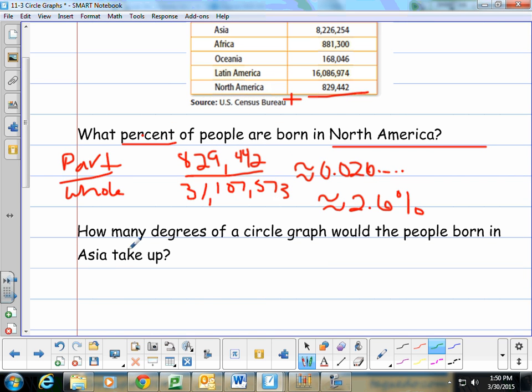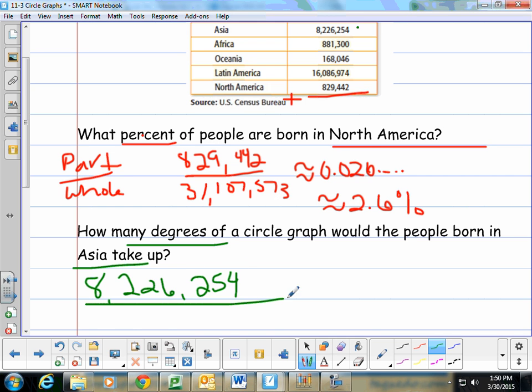Then the question's asking how many degrees of a circle would people born in Asia take up? So we need this number as our part, 8,226,254 out of the total number of people, 31,107,573.